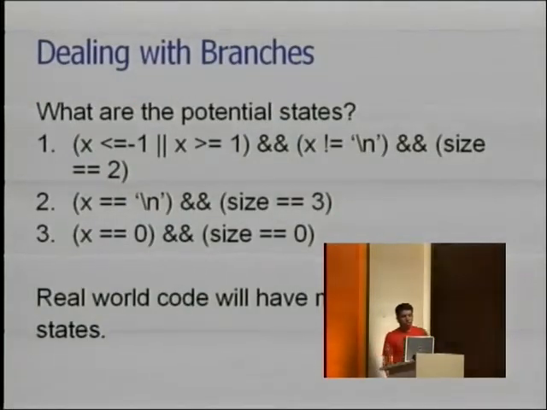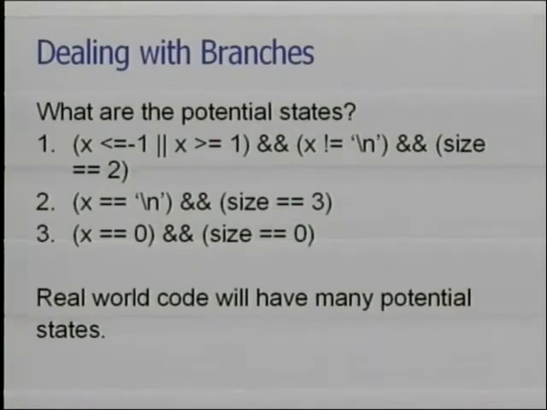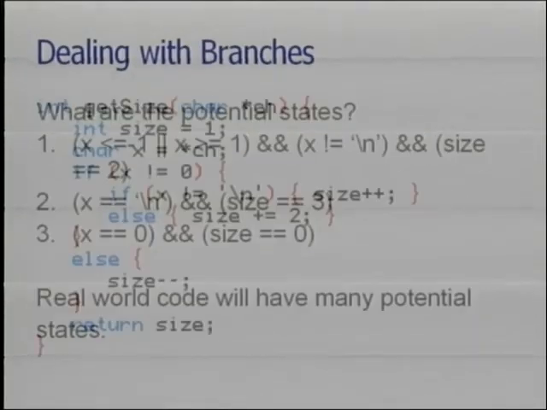So what are all the potential states? Well, the first state is that x is less than or equal to -1, or x is greater than or equal to -1, meaning that x is not 0. It's also that x is not equal to a new line, and that would make size equal to 2.